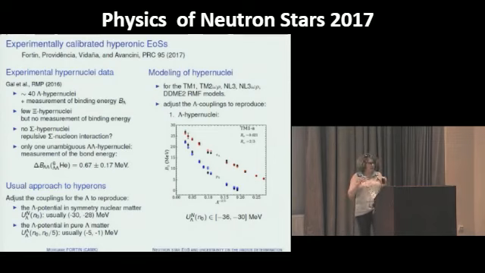A hypernucleus is like a nucleus, so neutrons and protons, with in addition at least one hyperon. They are observed in laboratory and their properties have been measured since the 1950s. At the moment, the properties of something like 40 lambda hypernuclei have been measured in laboratory.